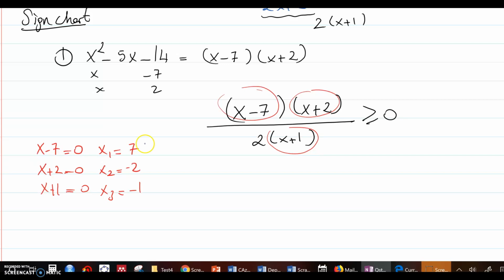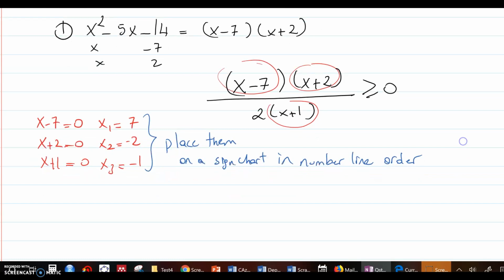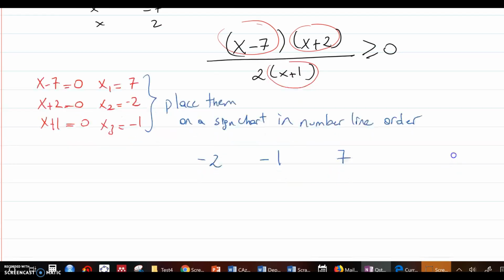So now I'm going to place them on a sign chart in number line order. I mean, it should be in increasing order. So I need to start first with negative 2. So negative 2, negative 1, and 7 will be the elements.